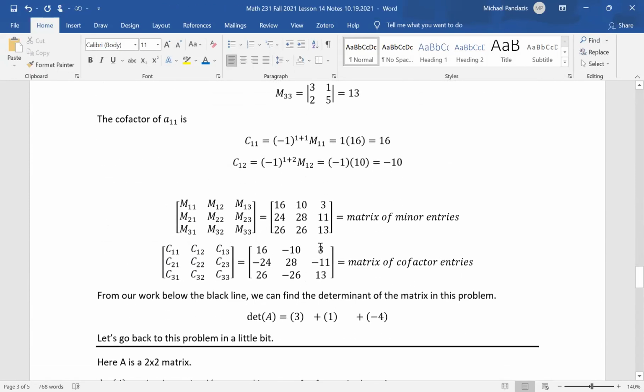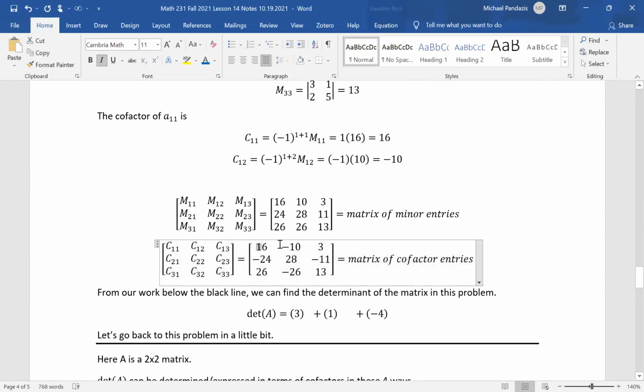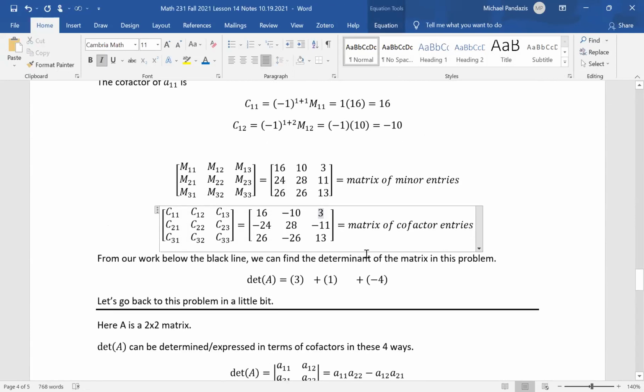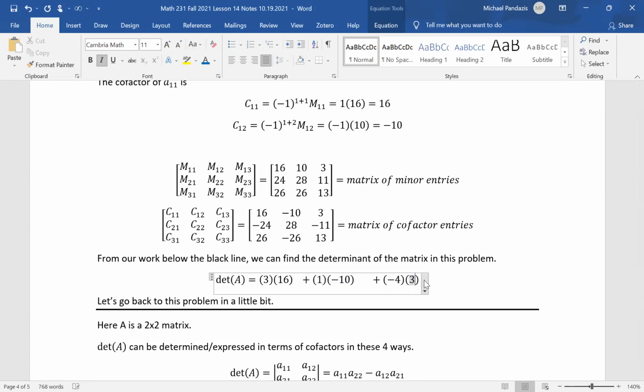And then take the cofactors of those entries. The cofactor for the first entry was 16. The cofactor for the second entry is -10. And the cofactor for the third entry is 3.